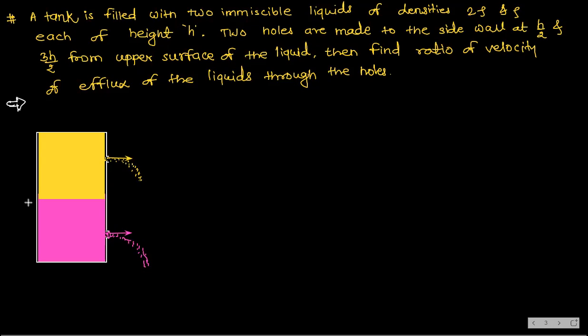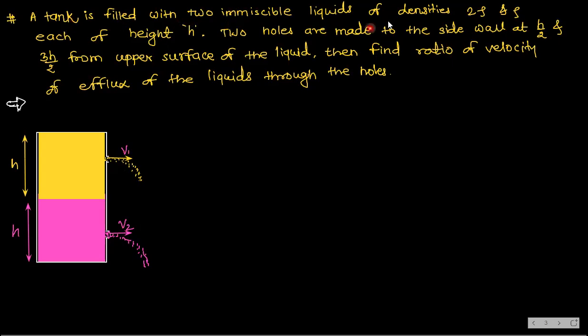This is also h, and here also h. Now let the velocity of efflux from the upper hole be v1, from the bottom hole v2. Now first see in the question what they have given.